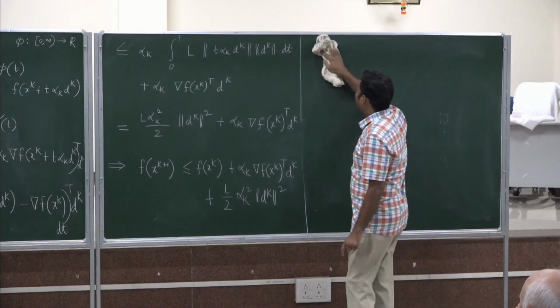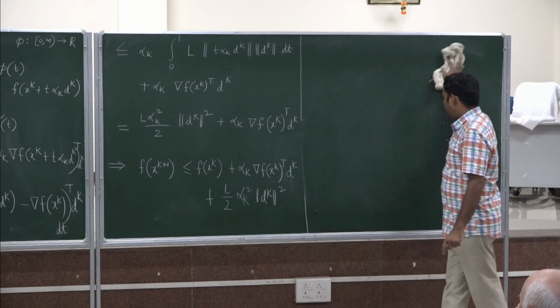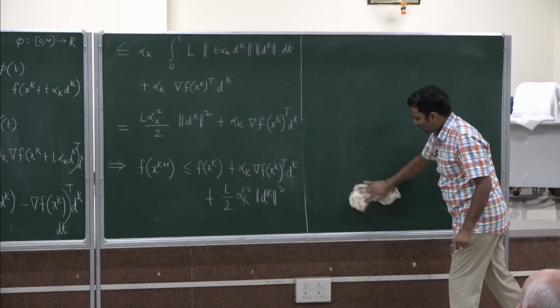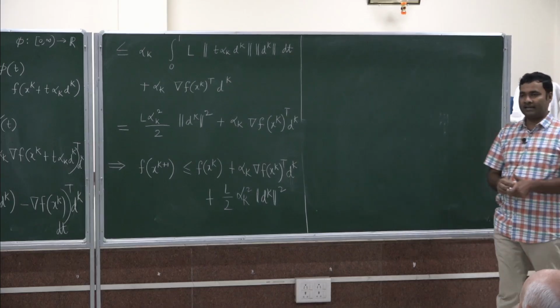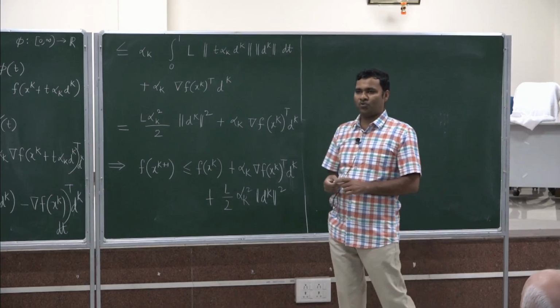Now we notice that alpha k is a diminishing step size; alpha k decreases and tends to 0.